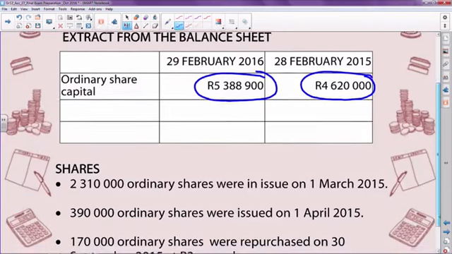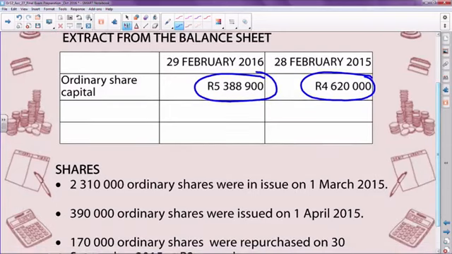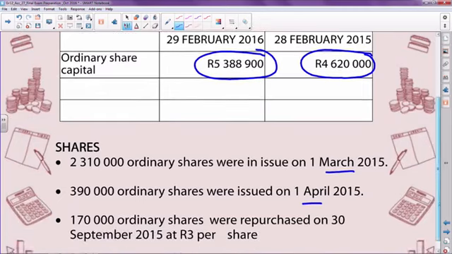Let's see what's happening here. We are told that at the beginning of the year, which is the 1st of March 2015, we've got 2,310,000 ordinary shares in issue on the 1st of March. During the year, on the 1st of April, we issued a further 390,000 ordinary shares. And 170,000 ordinary shares were repurchased in September at 3 Rand per share.